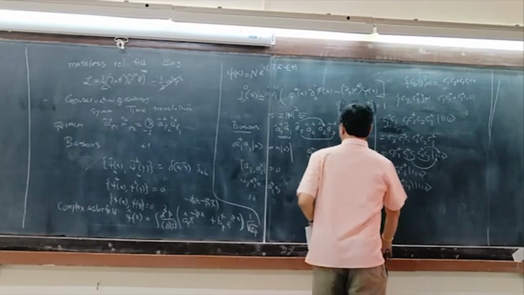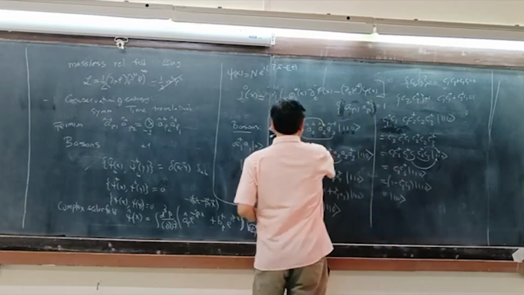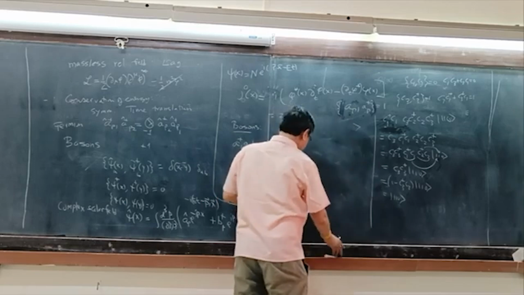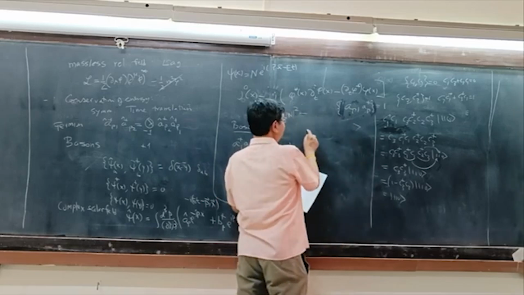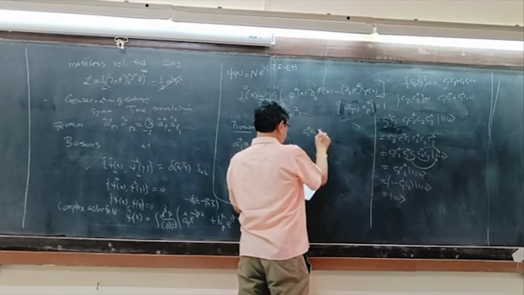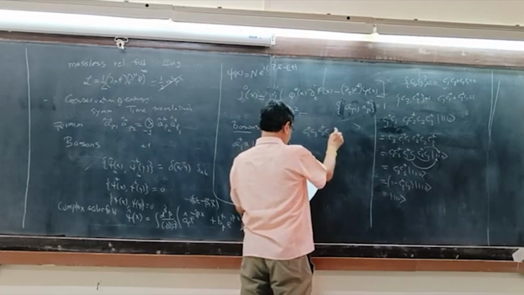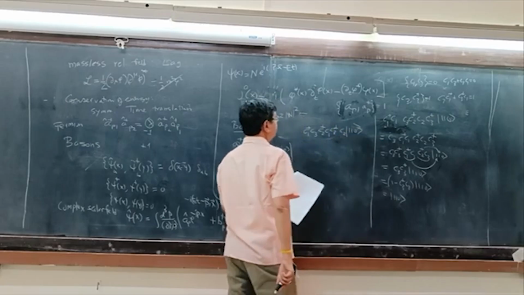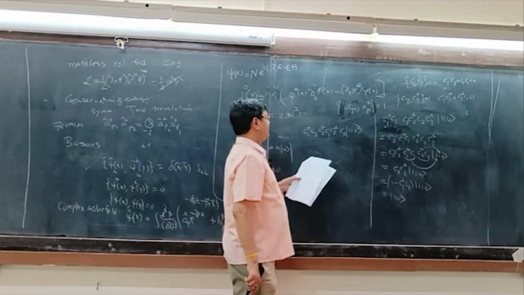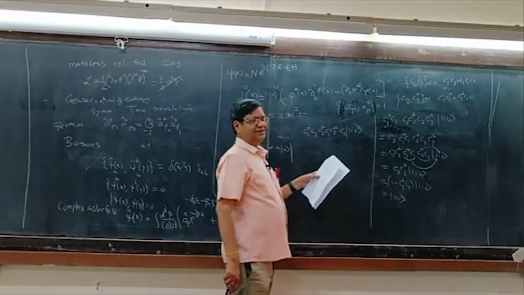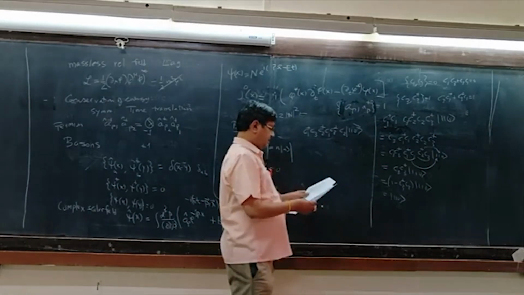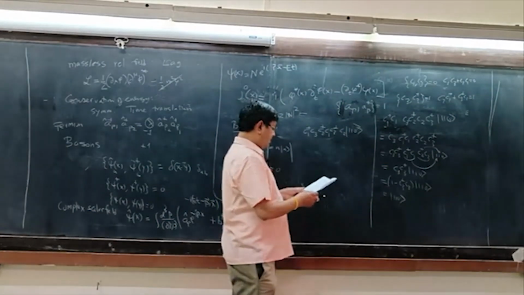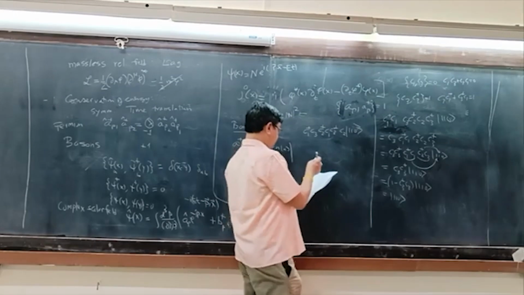Now the next problem is something very similar. This one is, in fact, from the book. C1 dagger, C3, C2 dagger, C1, C3 dagger, C2, 1, 1. Okay, so we can apply very similar ideas, but here at the last step there is a sign change. If you want, I can do it in steps.